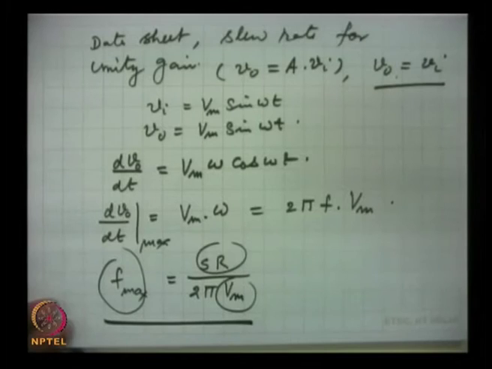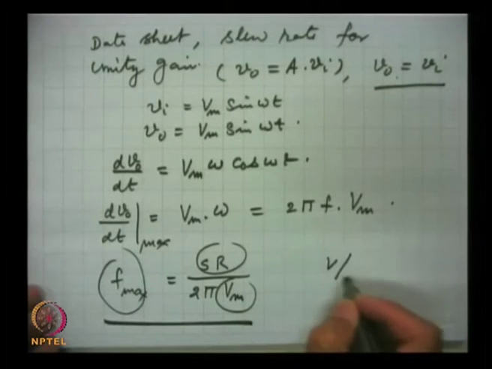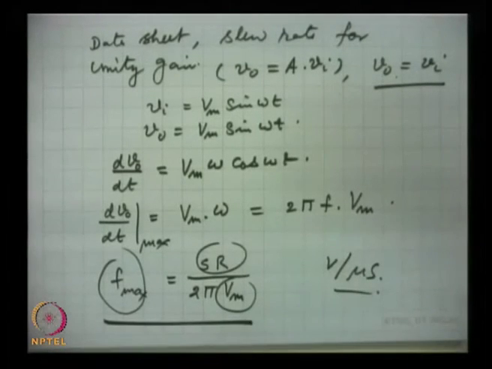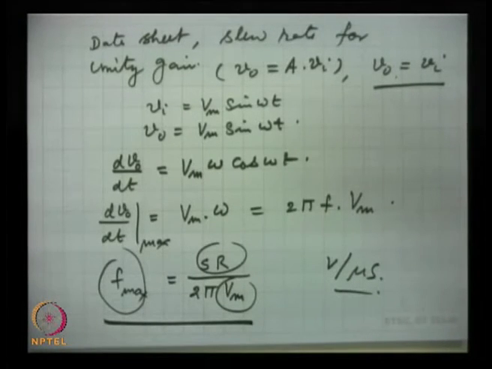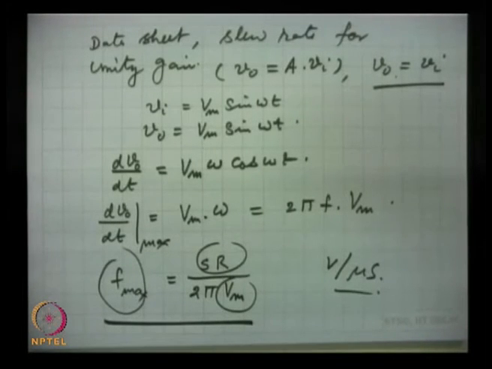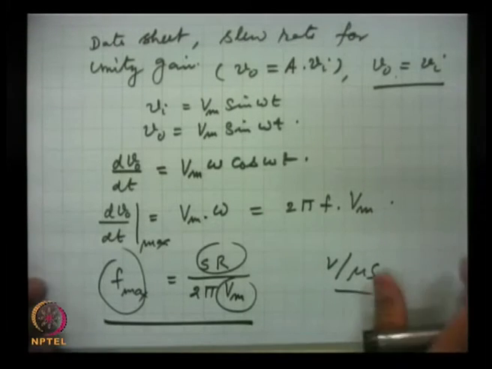So, this is the slew rate, which is measured in volts per microsecond, and I have already explained that the finite time the output takes to rise to the maximum level is governed by the slew rate. So, that covers the basics of the specifications and characteristics of operational amplifiers.